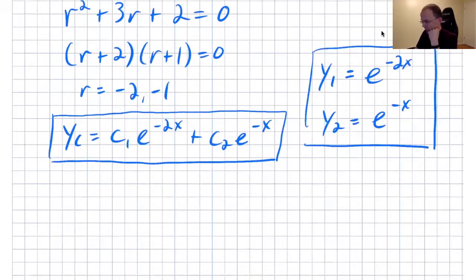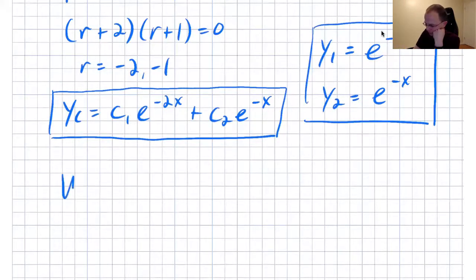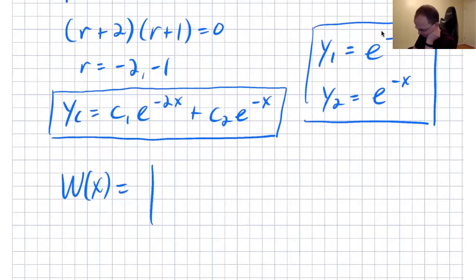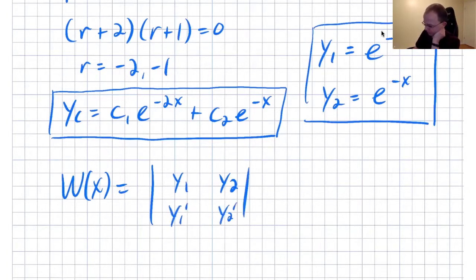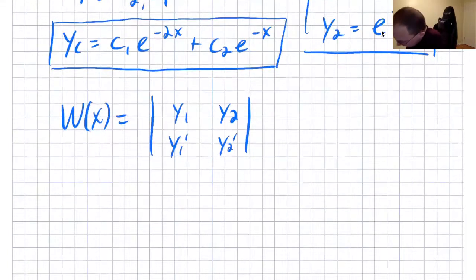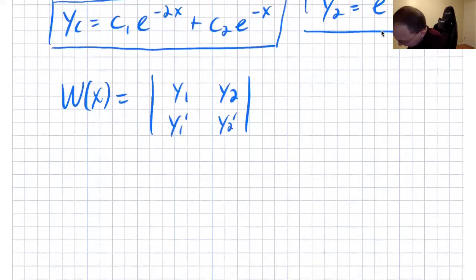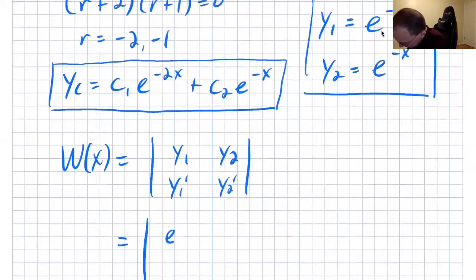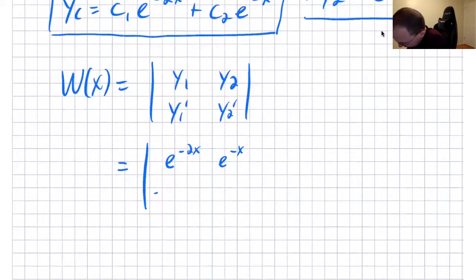So what's our formula? Oh, okay, first let's do the Wronskian. So the Wronskian, let's see. There's our Wronskian. e to the negative 2x, e to the negative x, take the derivative.